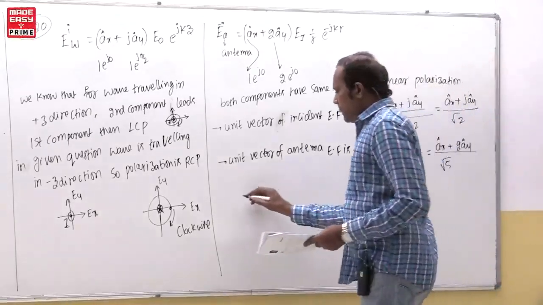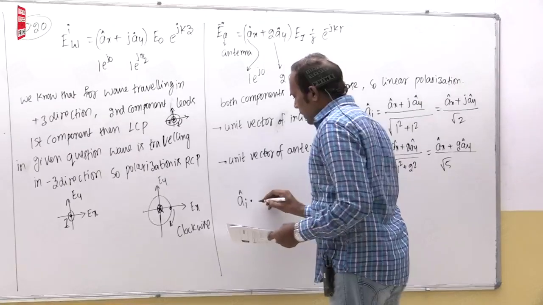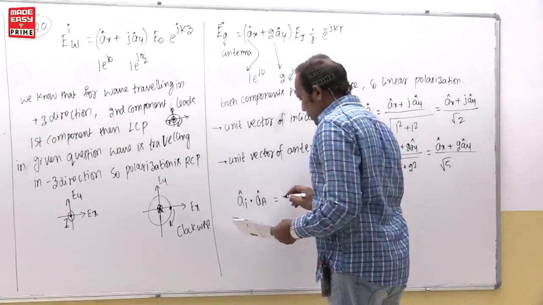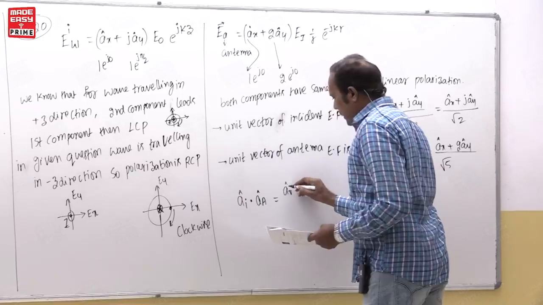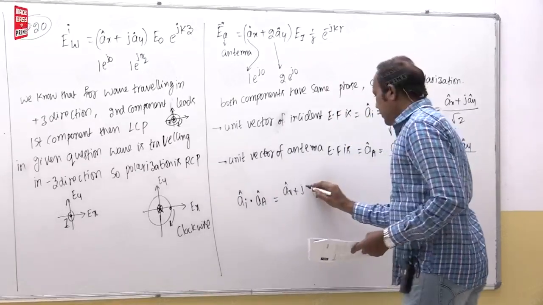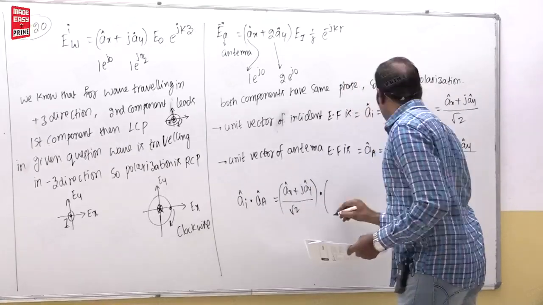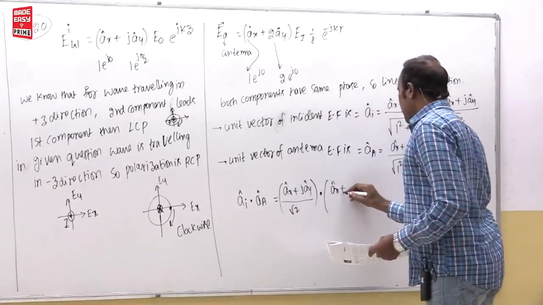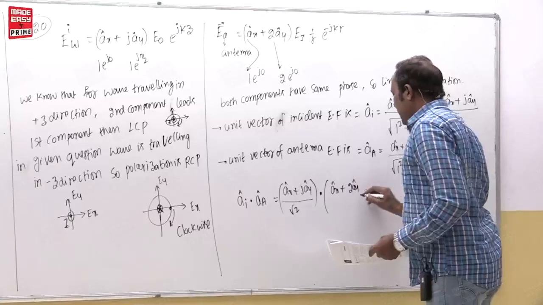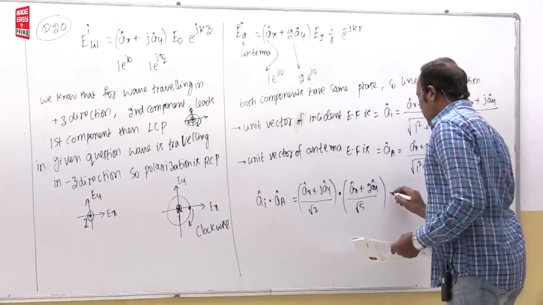Now a_I dot a_A you will find first, that is (a_x + j a_y) divided by root 2 dot product (a_x + 2a_y) divided by root 5.